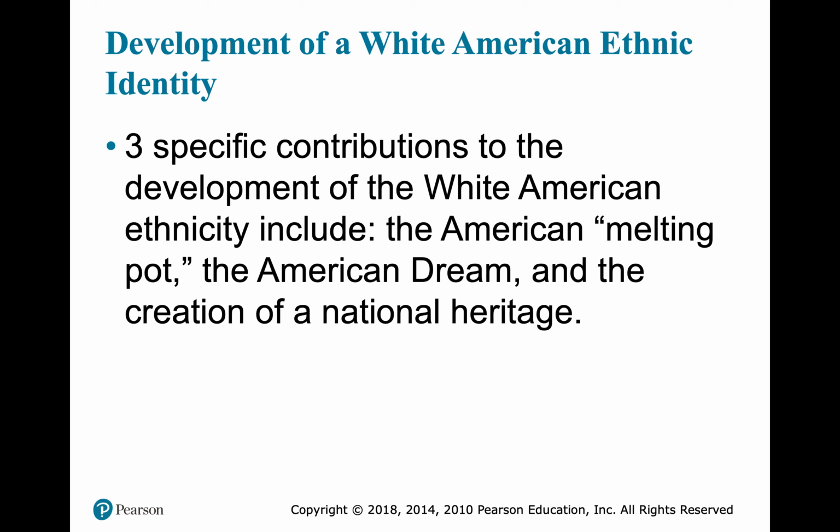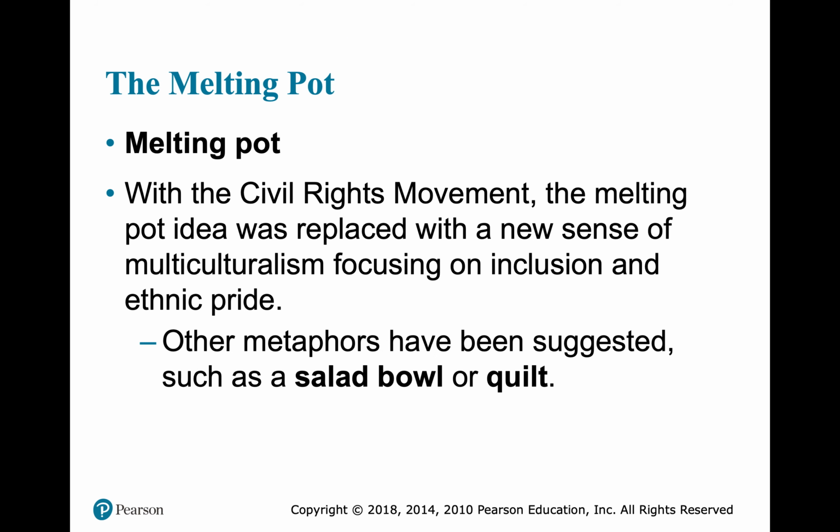There are 3 specific contributions to the development of the white American ethnicity, and that includes the American melting pot, so that concept, the American dream, and the creation of a national heritage. So the melting pot. This term was commonly used as a metaphor to describe the process of combining a variety of cultural backgrounds and beliefs to create a new and virtuous culture.